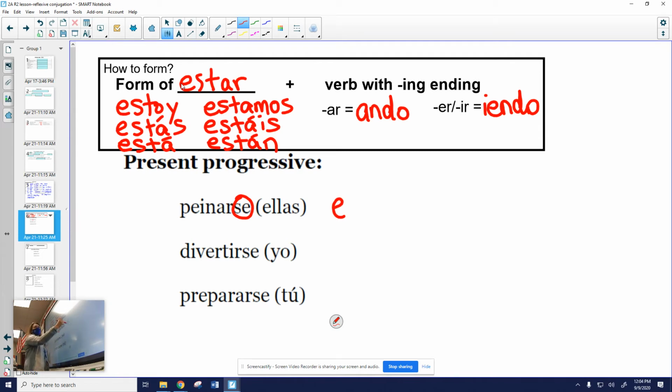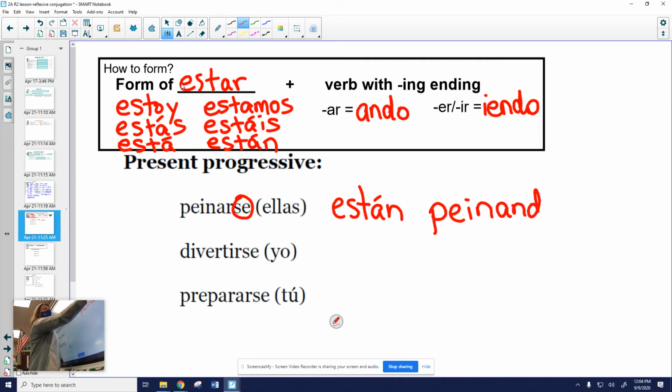Which form of estar will we use for ellas? Están, no? Están. Peinar is an AR verb, peinando. Se están peinando. And we can put the se here.